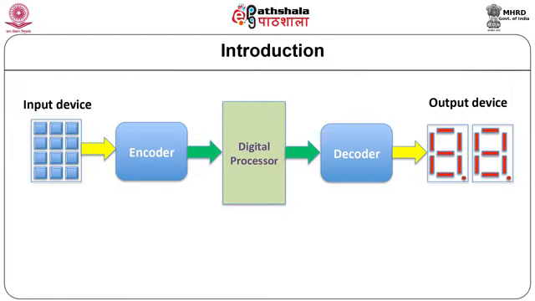BCD, binary, octal, hexadecimal, ASCII and decimal are the most common codes used in digital systems. Thus, encoders and decoders play an important role in the code conversion process in digital systems. One can compare the above system with the functional blocks of a handheld calculator.